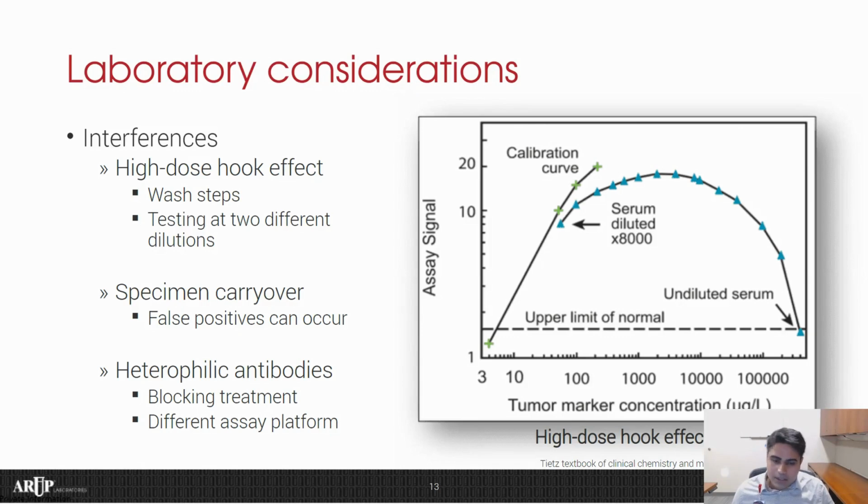A couple of things we can do to investigate a false elevation, when clinicians reach out and the results don't match the clinical scenario, is to perform blocking treatment using commercially available reagents or to suggest using a different assay platform that uses a different set of antibodies. So those are some of the things we can do to mitigate interference due to heterophilic antibodies.